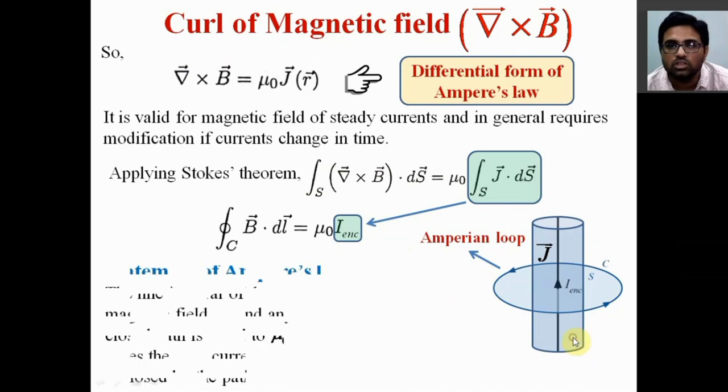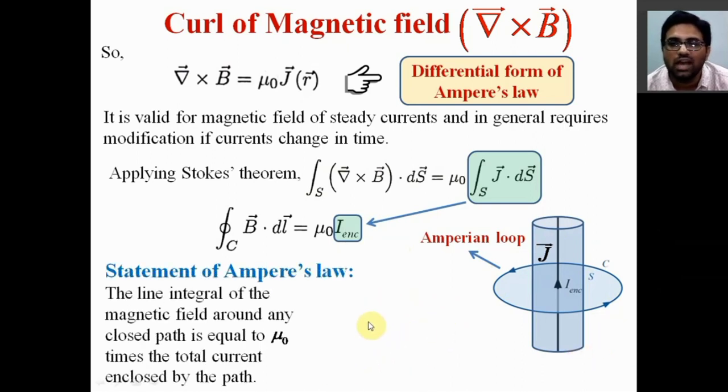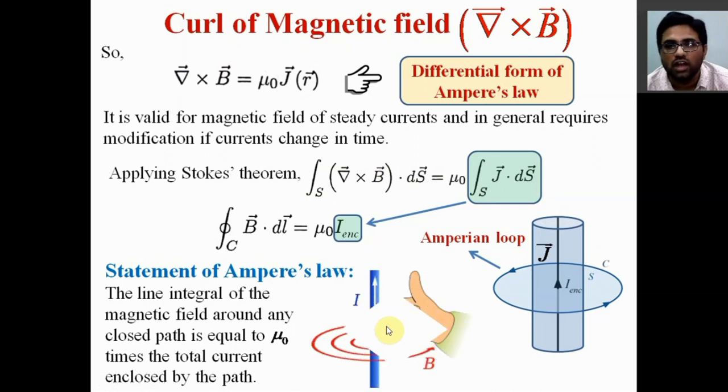Okay, so the statement of Ampere's law is: the line integral of the magnetic field around any closed path is equal to mu 0 times the total current enclosed by the closed path. Now in this equation, the direction of integration around the contour C is associated with the direction of a positive current through the right hand thumb rule or right hand screw rule.